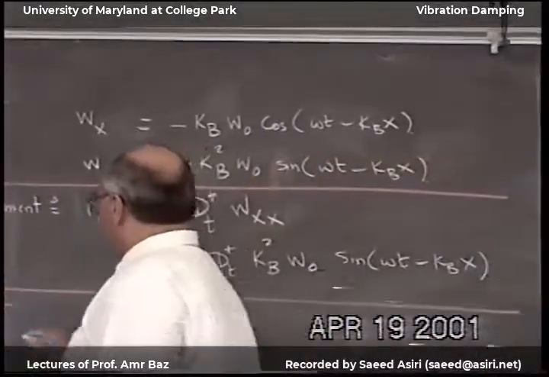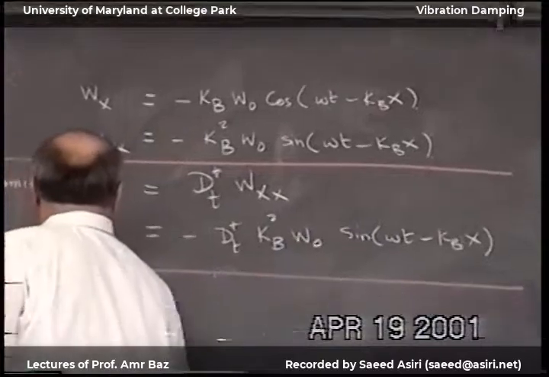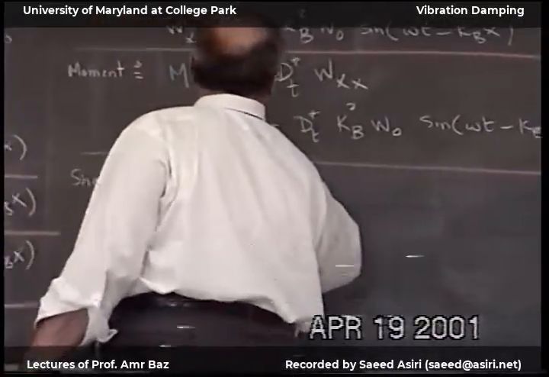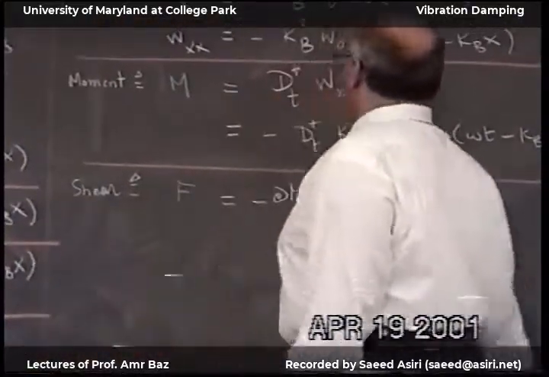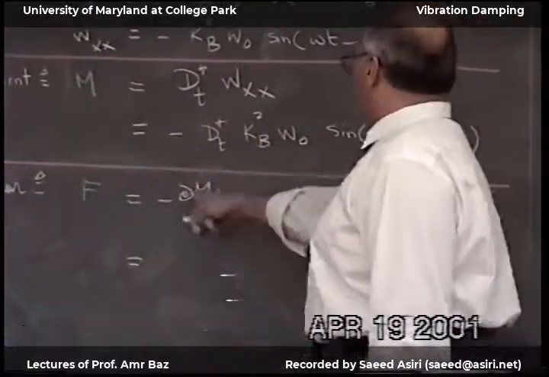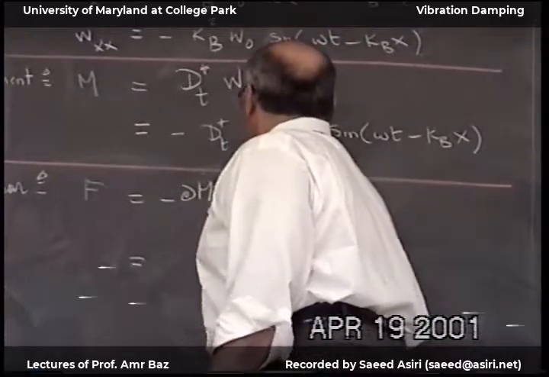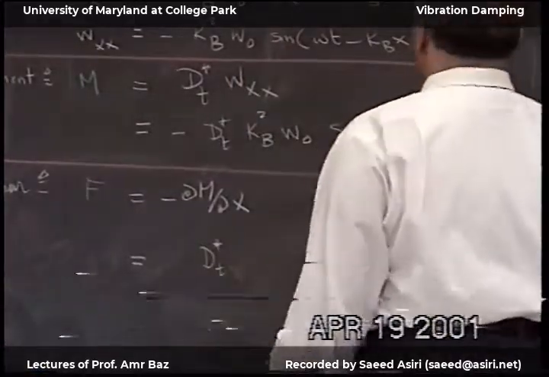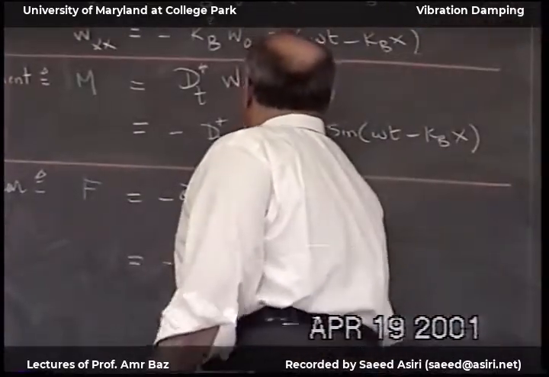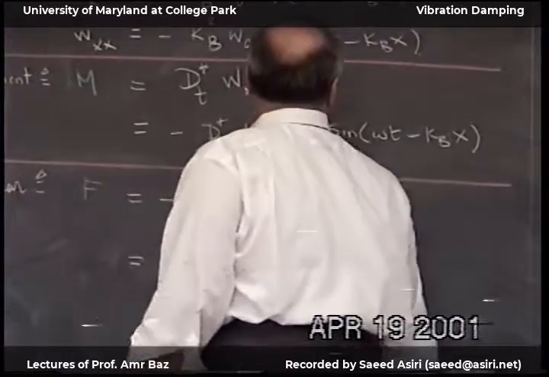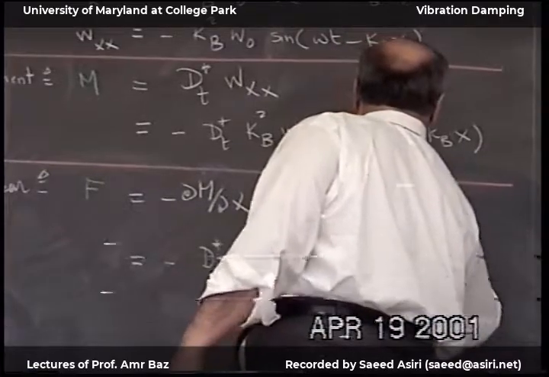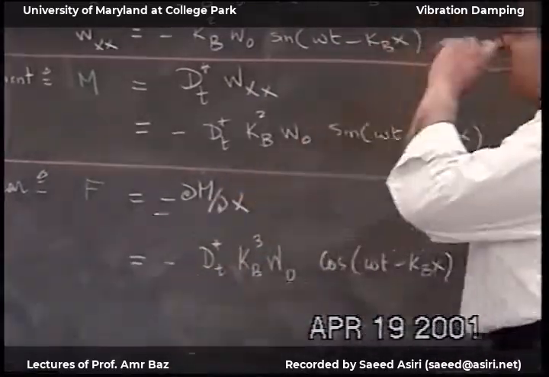Now I can get the shear, and the shear will equal to the force F. This will be minus partial m by partial x, and this will be dt asterisk. We have minus here and minus, so this will be also minus kb cube dt x.